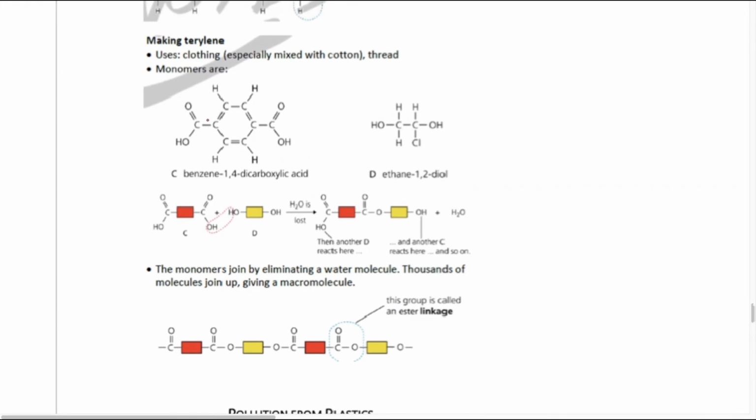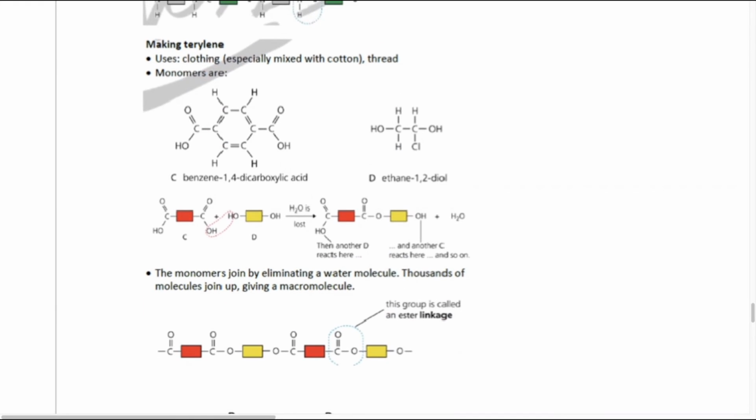Making terylene. Terylene is a clothing material which you need no ironing on. They are always very straight, no lines in your clothes, especially when mixed with cotton thread. You see the monomers: benzene, this is benzene, hexagonal shape, 1,4-dicarboxylic acid.